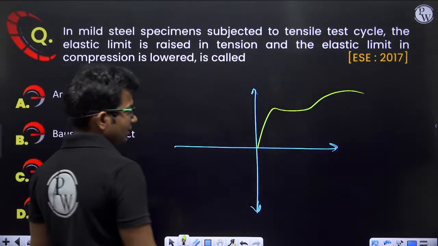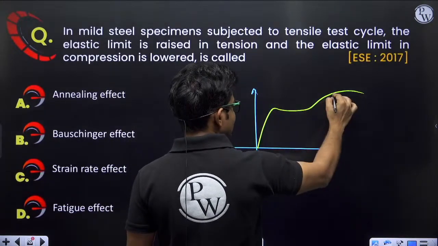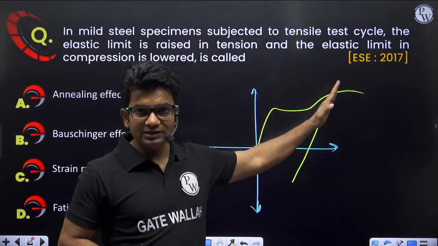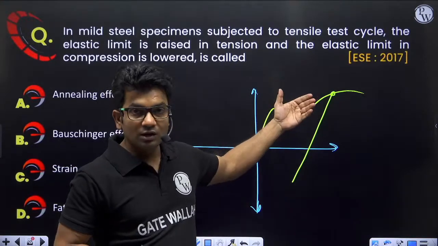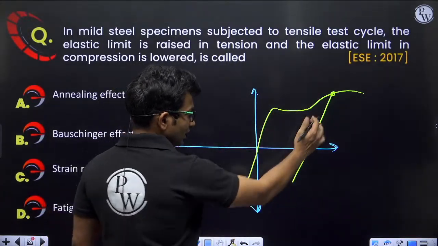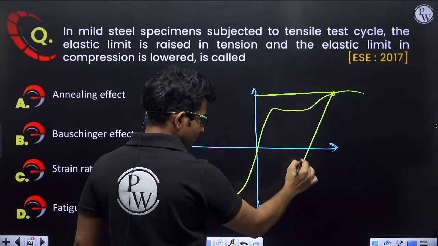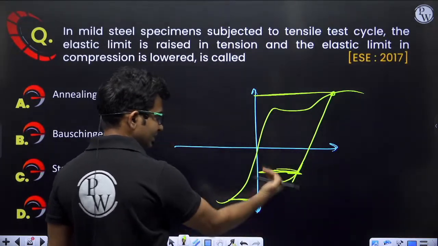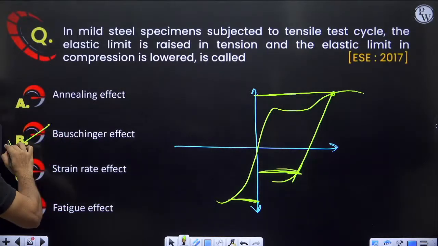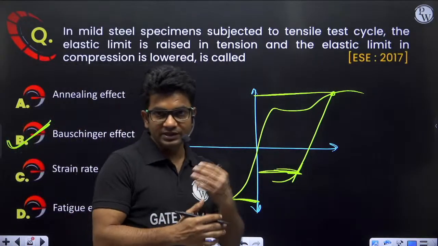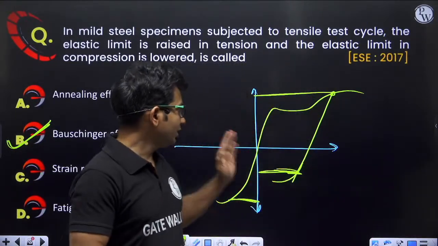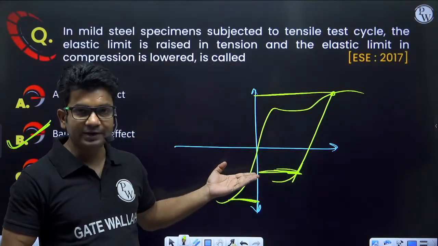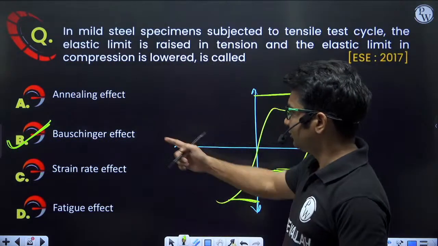If I load it beyond the elastic limit and cold work it, the elastic limit in tension is increased, but the elastic limit in compression will be lowered. Earlier the elastic limit in compression was here, now it is reduced. In the direction of applied stress, if I increase the elastic limit by loading beyond the elastic limit, then in the opposite direction, on the compression side, my elastic limit will be lowered. So this is due to the Bauschinger effect.